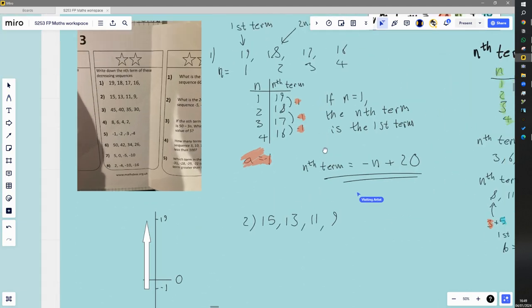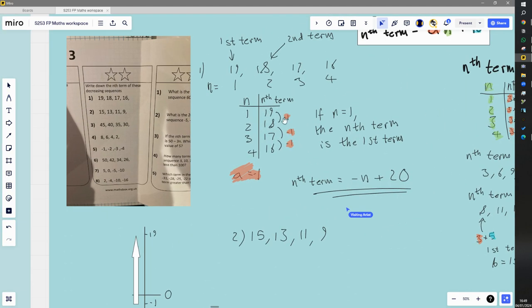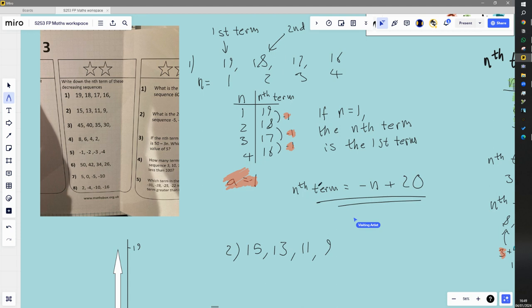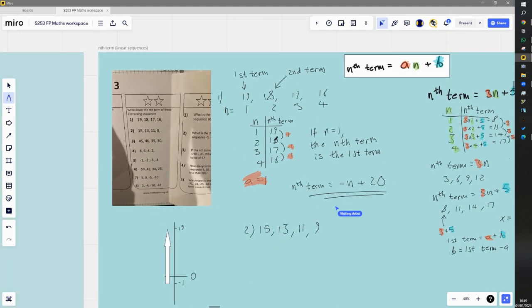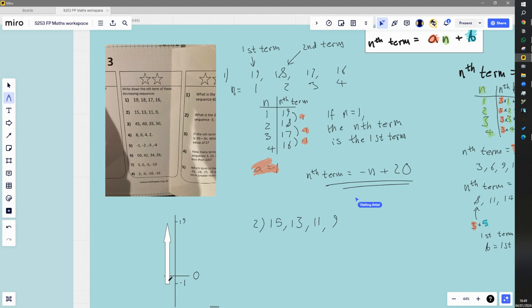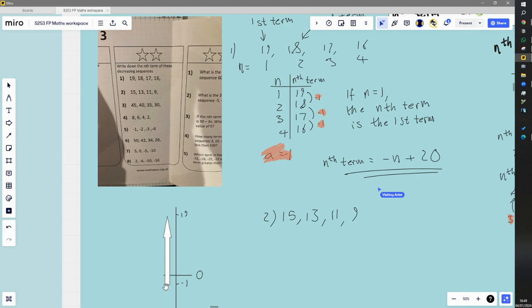Applying that to this situation, we go down by 1, so that's how we know that a was negative 1. So the nth term is negative 1n, and we added 20 because the first term would have been negative 1, but it was in fact 19, so I needed to add 20. We use this number line to show how it would go from negative 1 to 19.